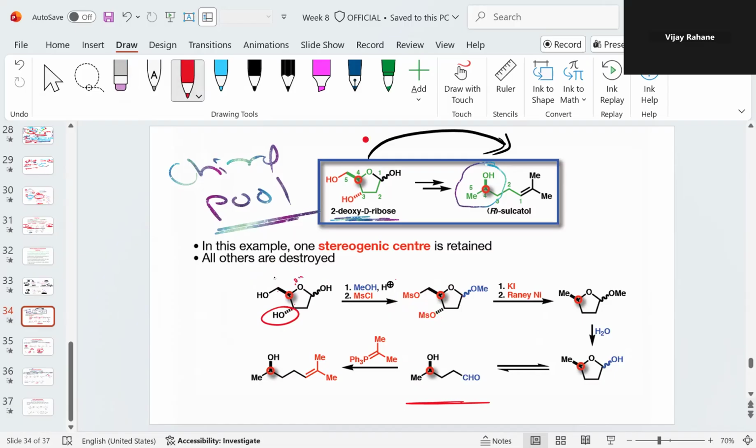Basically, the lone pair on this one goes here, and that helps form some sort of OMs complex, and this H3O+ is also there, right? Because of this acid, the OH2+ forms. This lone pair present here goes here, and this entire group is eliminated.